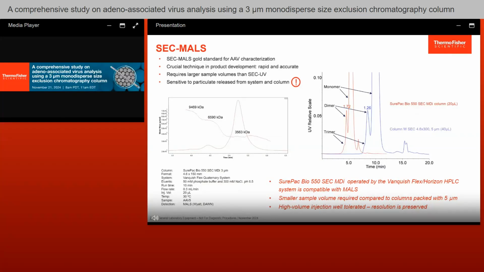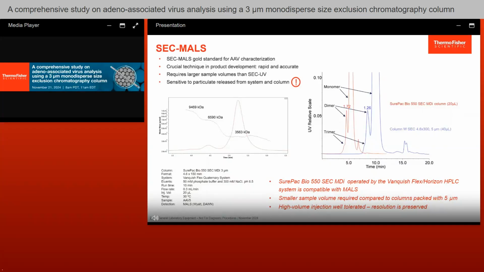On the left side is the molecular weight data for the AAV sample. We have the trimer peak here, the dimer peak here, and the monomer peak here. On the right side, we also performed this experiment using a column W, which has a 300 millimeter length, 5 micron particle size.